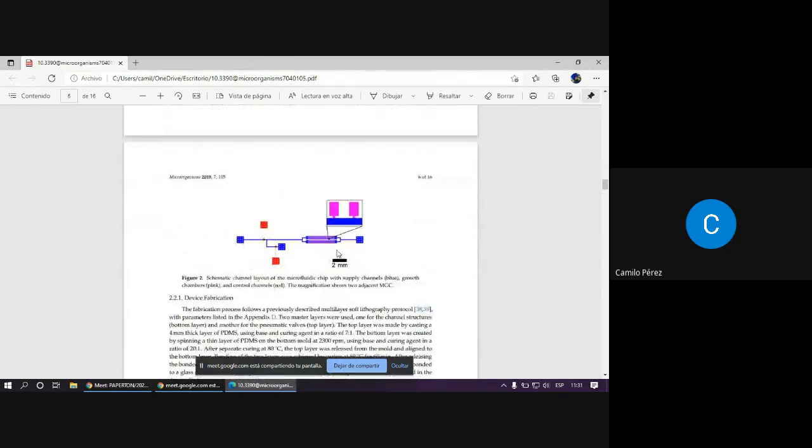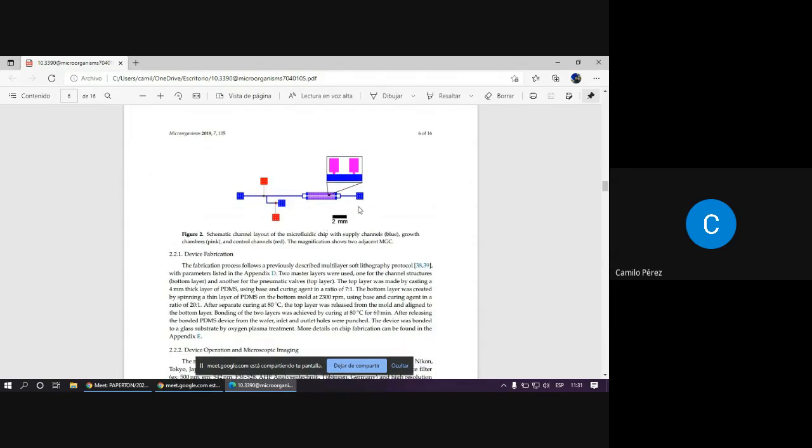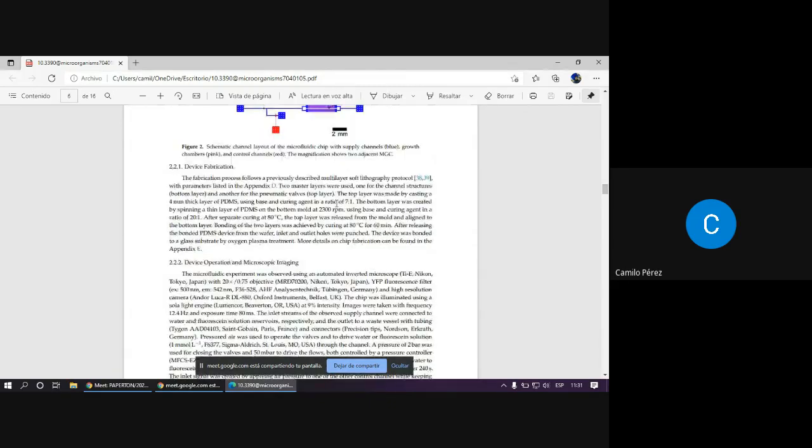In figure 2, they show the schematic of the chip capturing the different cells of bacteria in different chambers, and you can see after this the fabrication of the chips, the conventional method, similar to what we make in our laboratory.